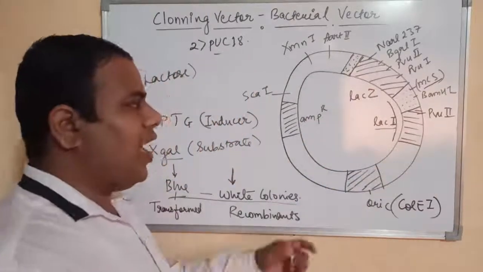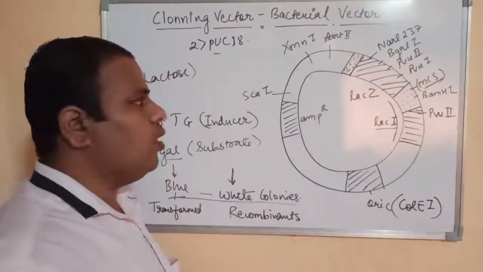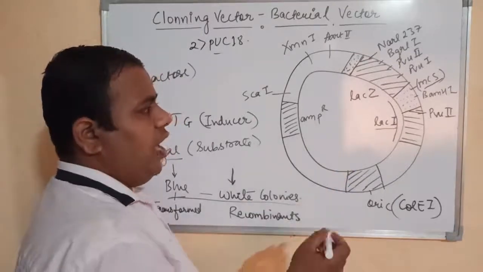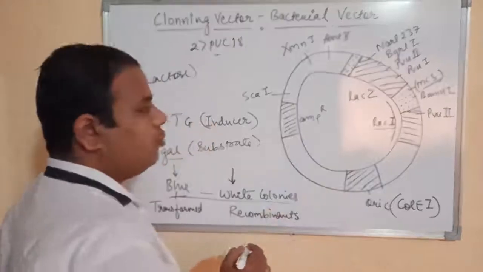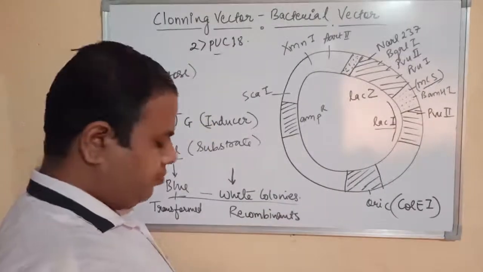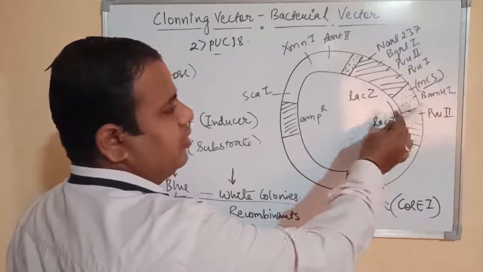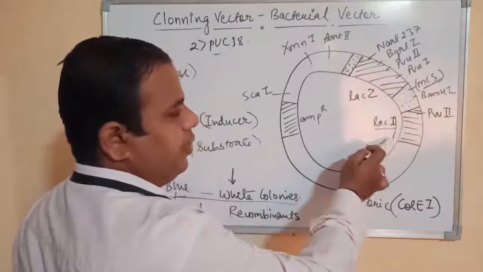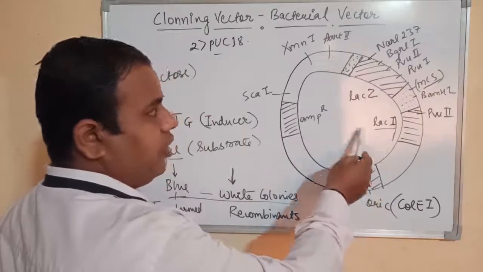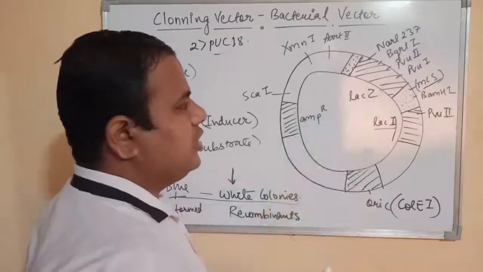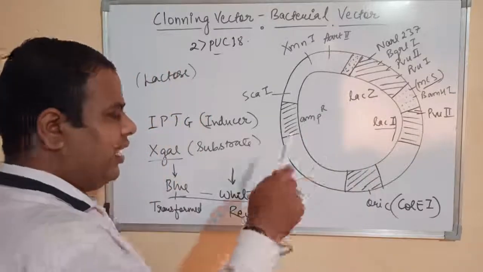So what will happen, as the transformation efficiency is very low, this plasmid will enter the bacterial cell, and if this plasmid is transformed into the bacterial cell, what will happen? The Lac repressor, that is the LacI gene present here, will be synthesizing the repressor, okay, and it will go and bind to this position. Since the LacZ gene present here will be synthesized, in that case, what will happen?